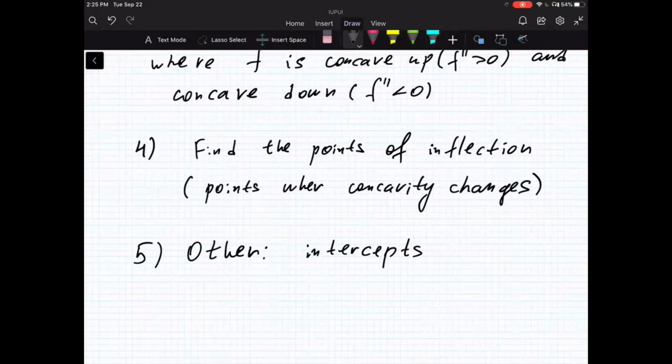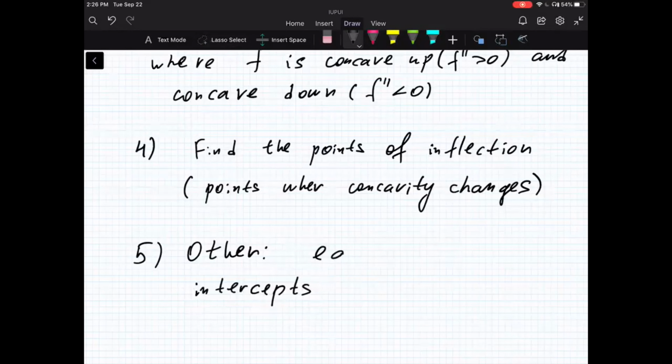Because sometimes if you try to find intercepts, you may get not a quadratic, but rather a fourth power equation of x, and you cannot solve it. But if you know that it's linear, then why not try intercepts? So they're easily determined. And asymptotes as well.